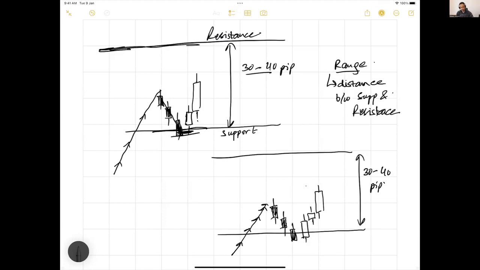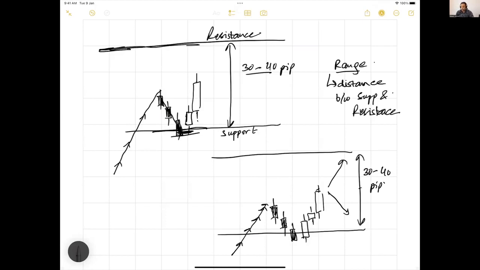So make a note of this. Whenever you have a candle that's in the middle of a range, that's going to be the best way to lose your trade. Because whenever price is in the middle of a range, there's a 50-50 chance it can either go down or go up.